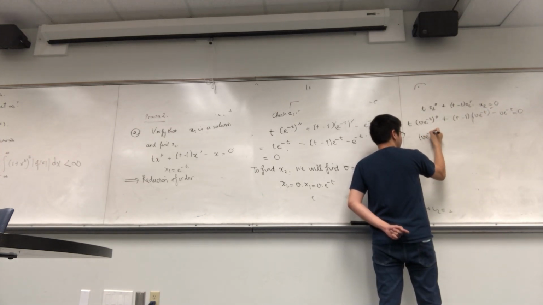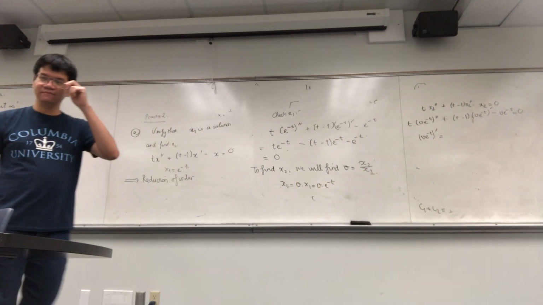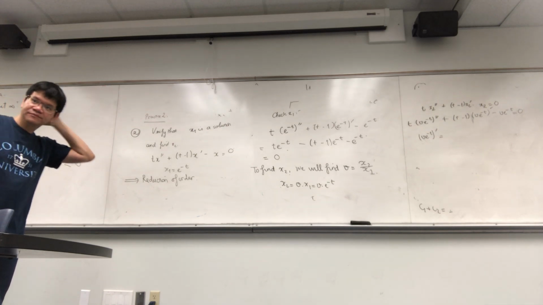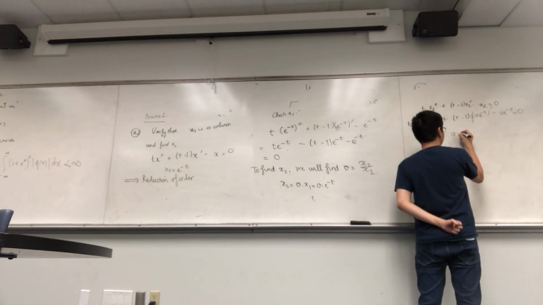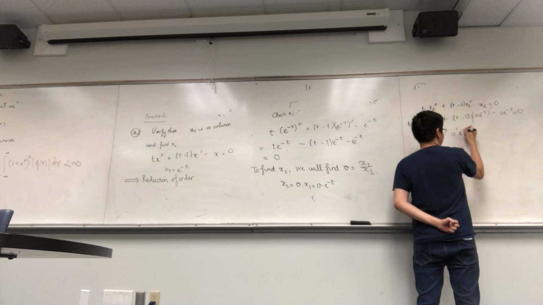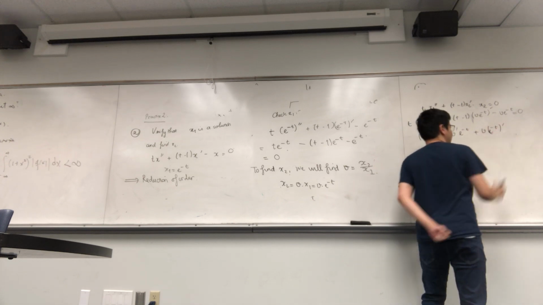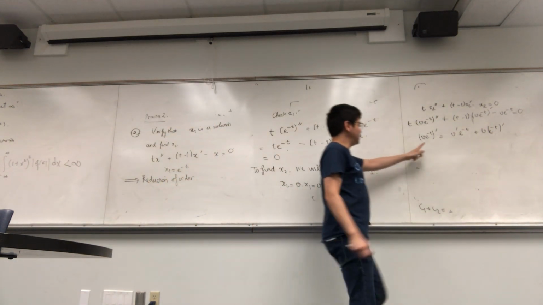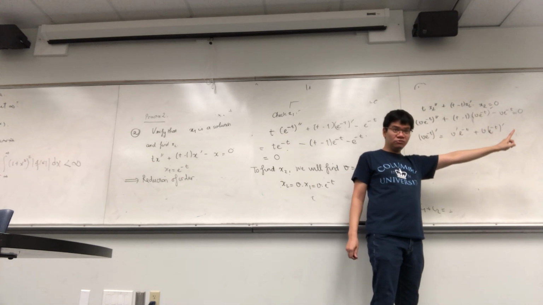So what is v e to the power minus t prime? It's v times negative e to the negative t plus v prime times e to the negative t. To compute the derivative of v e to the power minus t, you use the product rule.